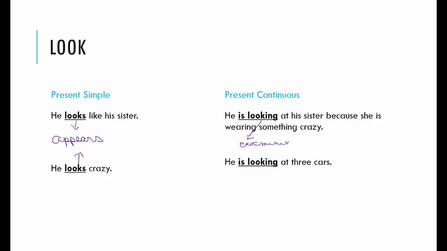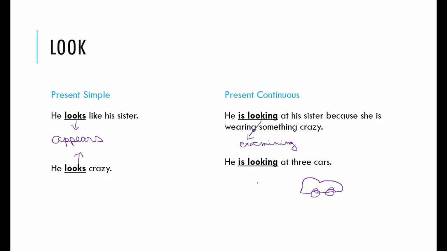We are changing the non-action word into an action word, like looking, the action of using your eyes to see something. He is looking at his sister because she's wearing something crazy. He's examining her. He is looking at 3 cars, meaning there are 3 cars here. Let me draw my little cars.